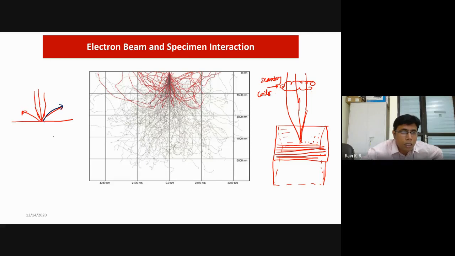We are assuming these are the signals. Let's say that you have many signals coming out from the sample: secondary electrons, backscatter electrons, X-rays, EELS. This is what we usually think, that this is how it is coming out. But in reality that is not the case.